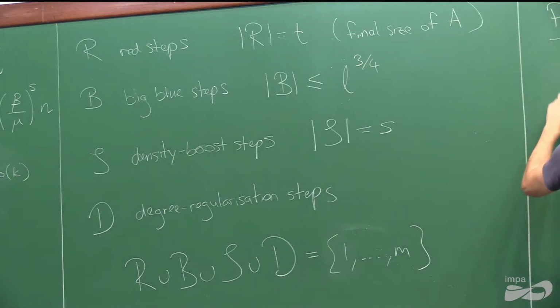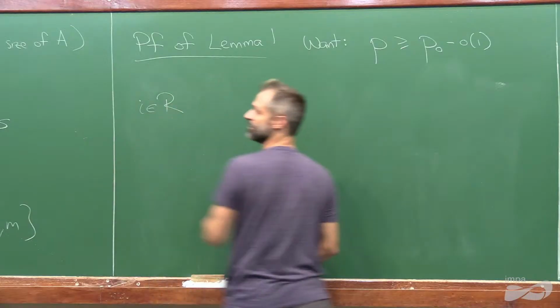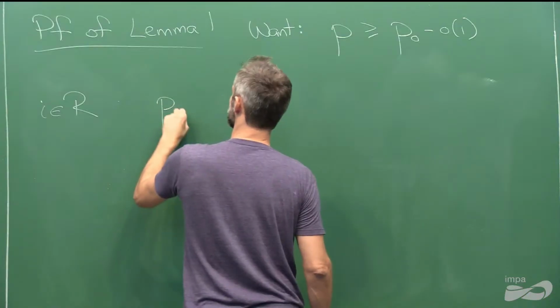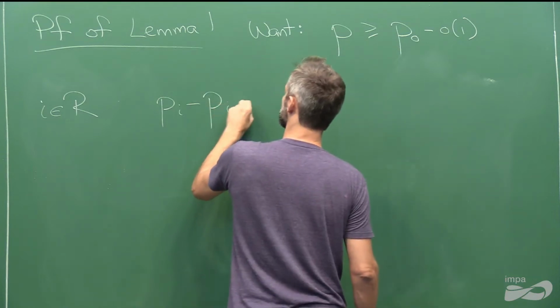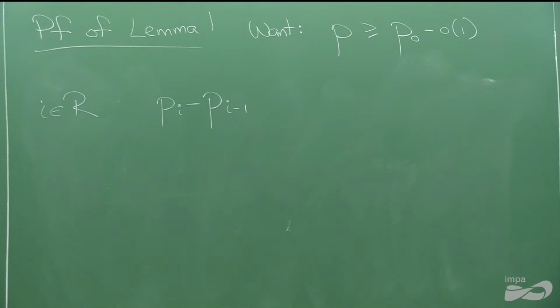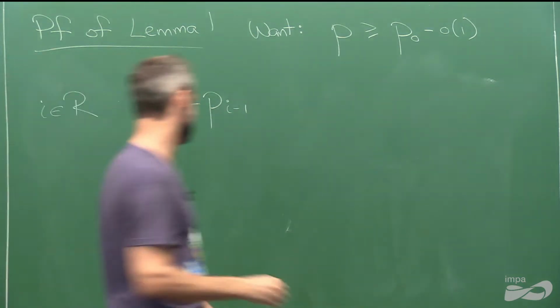So let's suppose that i is in R, so looking at a red step. Then what can we say about p_i minus 1? How much did p change in a red step? No more than by alpha? Yeah, exactly. It can change by more, but it can't decrease by more.